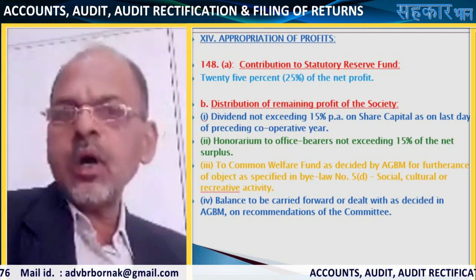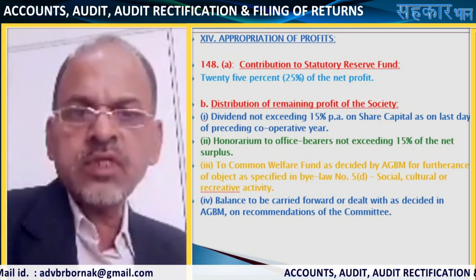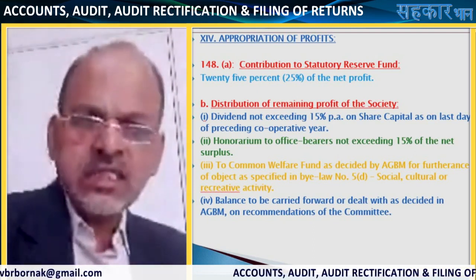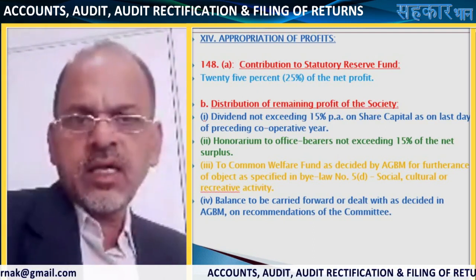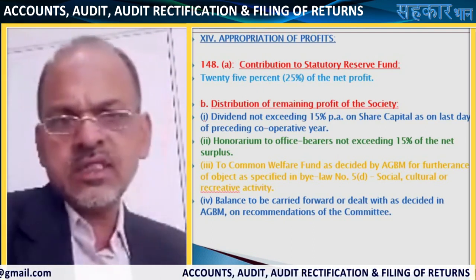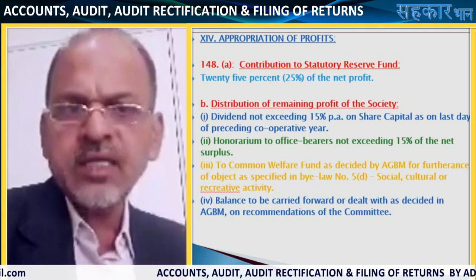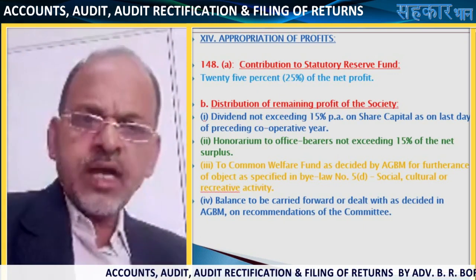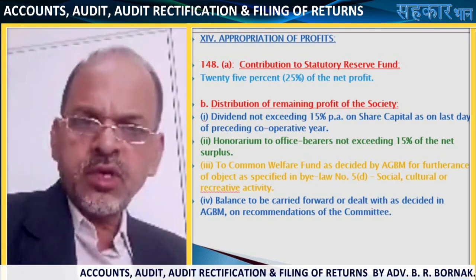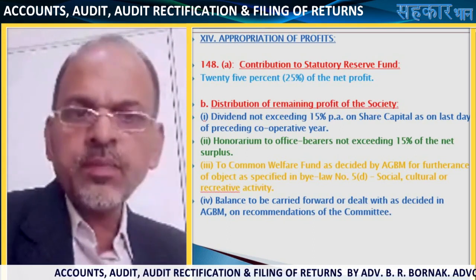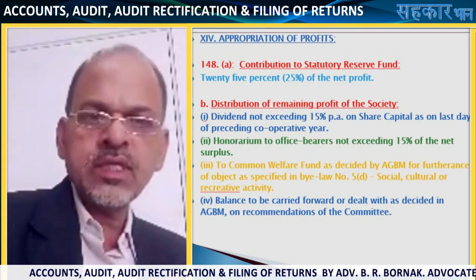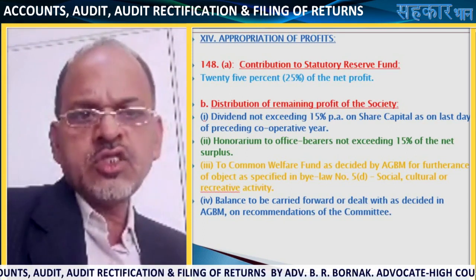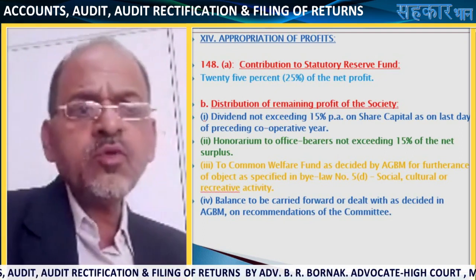The distribution of the remaining profit of the society: number one, dividend not exceeding 15% per annum on share capital as on the last day of the preceding cooperative year. Generally in cooperative housing societies we do not offer any dividend to the members, but there is a provision in the bylaws, as in the Act, that the society can pay the dividend if the society has earned a profit.